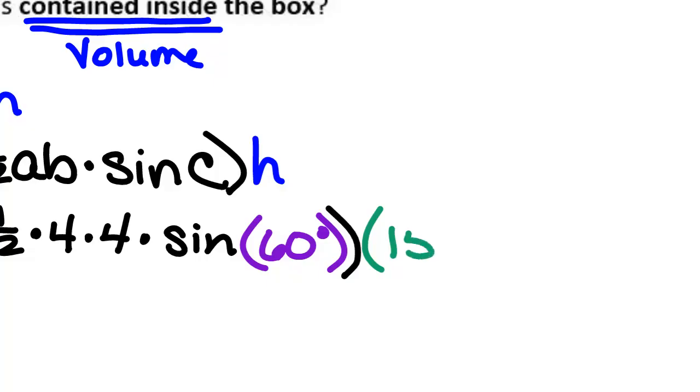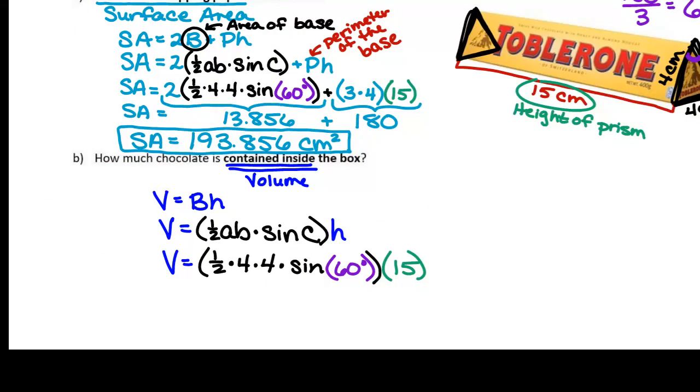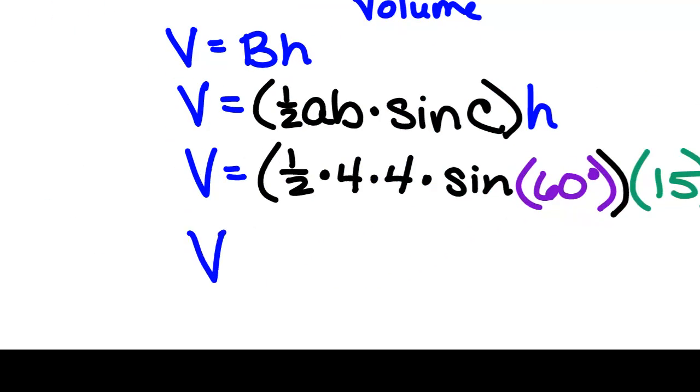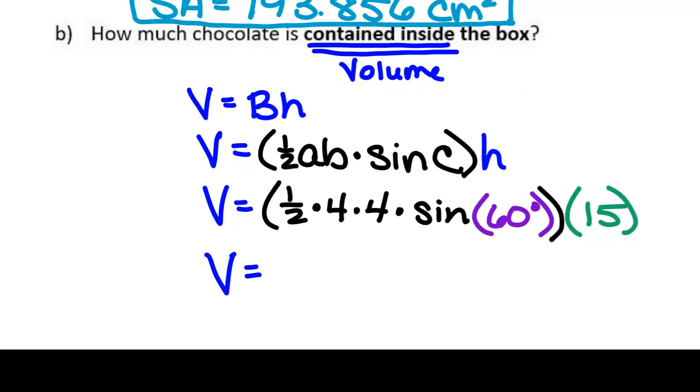Times 15. And I would just grab that entire thing and throw it into my calculator. 1/2 times 4 times 4 times sine of 60. Make sure you close the parentheses after the 60 before you multiply it by 15.